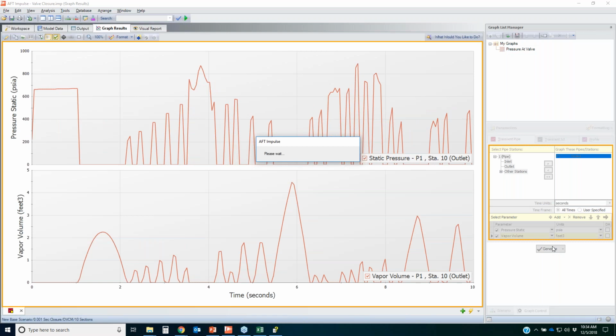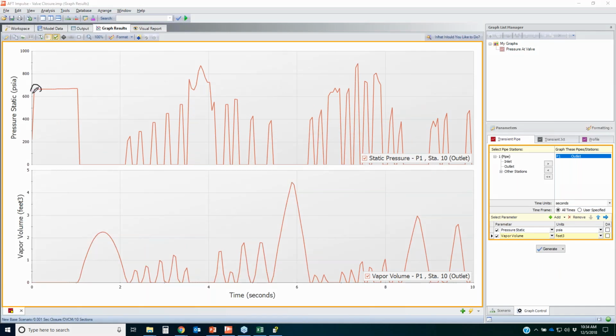So when I plotted this, this is the transient response that you see. Here's your sudden valve closure. This pressure of about 660 psia would compare with the Joukowsky equation. But then once you drop to vapor pressure, you start to have a vapor cavity form. So if you plot the vapor volume, this makes it really easy to see what's going on.